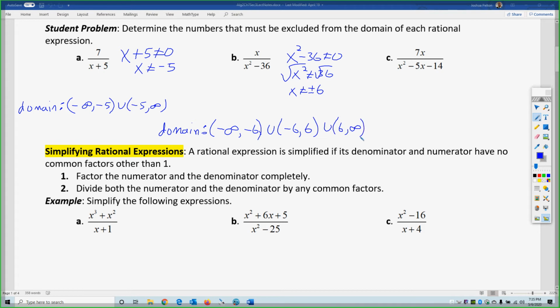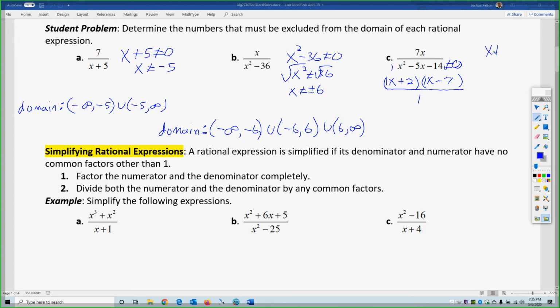Okay, last one, factoring here. That can't be 0 on the bottom. So we have our factoring brackets, 1x, 1x, 1 on the bottom. Factors of 14. Let's see, 2 and 7 should work for us. 2 times 7 gives us 14. If 7 is negative and 2 is positive, we get negative 5.